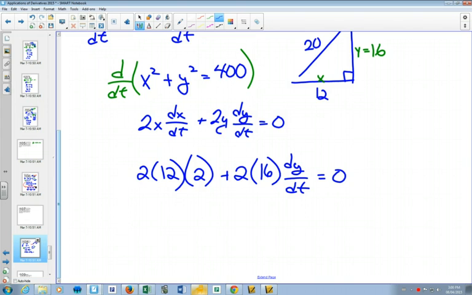So this will be 24 times 2 is 48, plus 32 dy/dt is equal to negative 48.